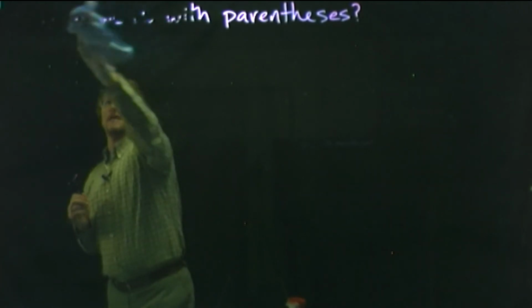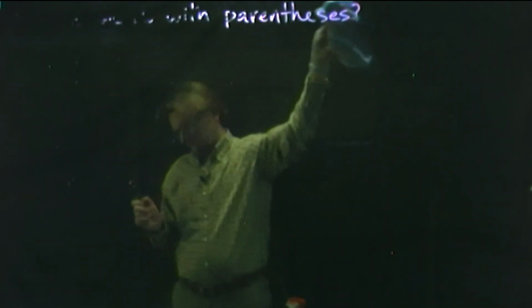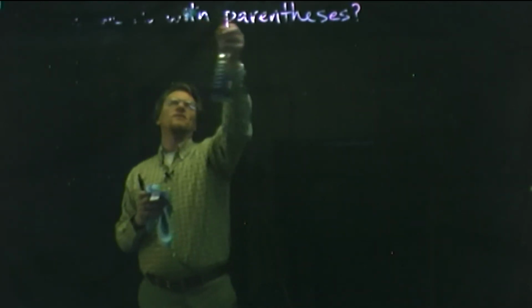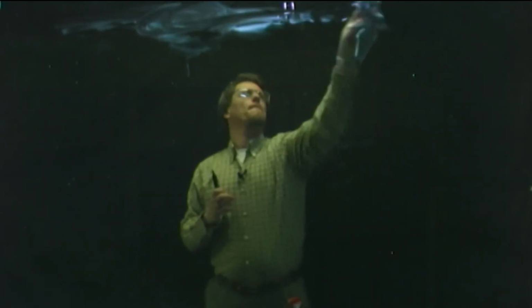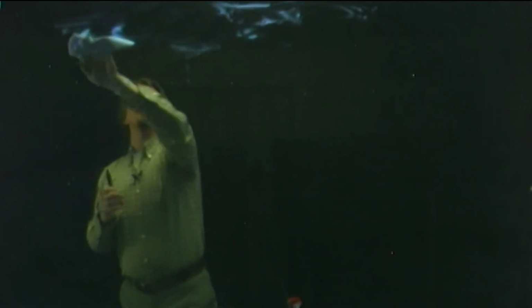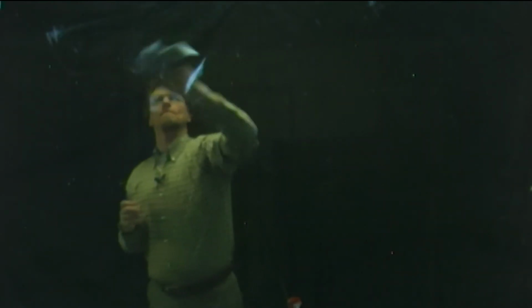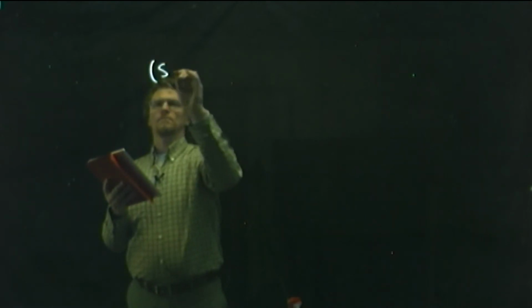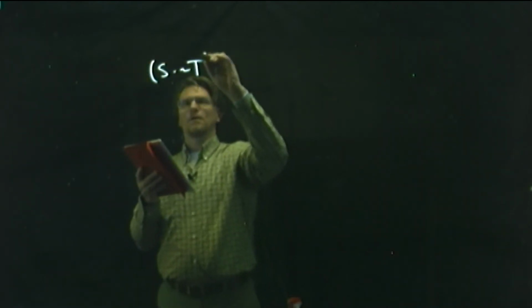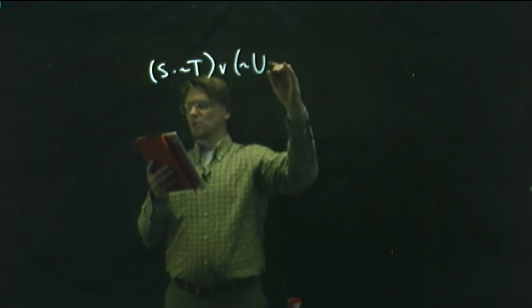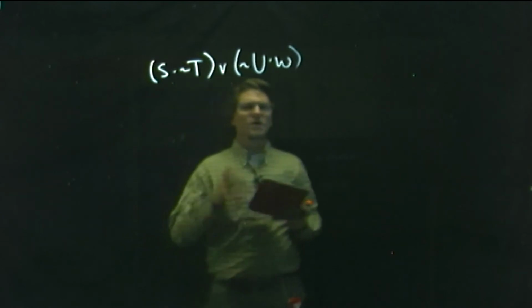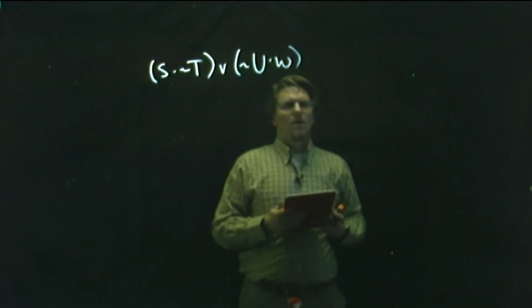Looking at that first example there, number 1, where it says S dot tilde T wedge tilde U dot W. It doesn't really matter what that represents, but what we're thinking about is this: is it a well-formed formula?